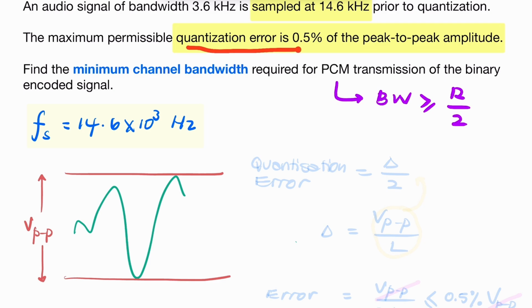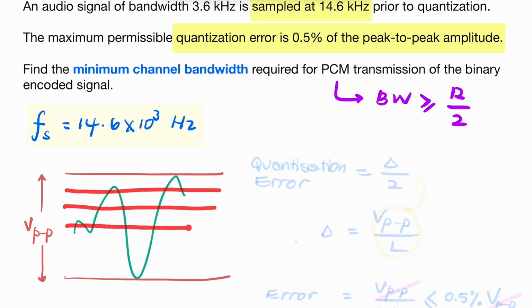So when they talk about quantization error, it is a function of the spacing between levels. So the quantization error, let's write that out.